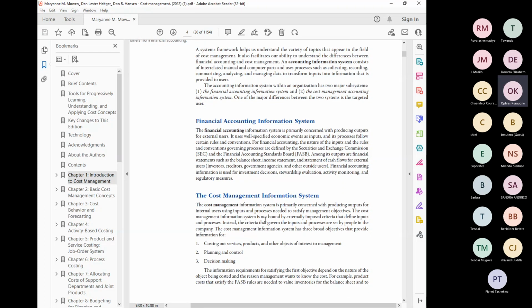Why is this important? Because the cost management system will help the organization with costing out service products. It is very important to notice that it is for costing out services and products.